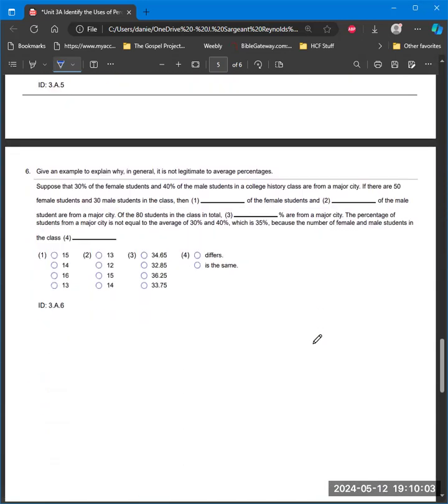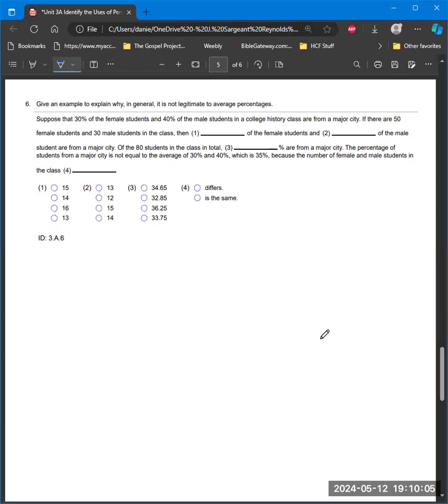And give an example to explain why in general it is not legitimate to average percentages. So suppose that 30% of female students and 40% of male students in the college history class are from a major city.